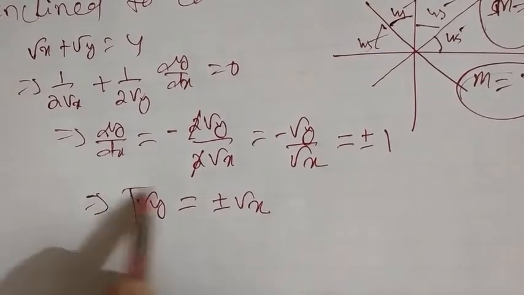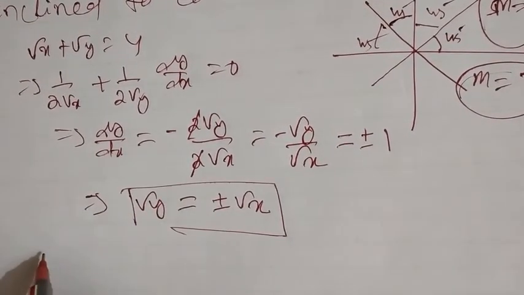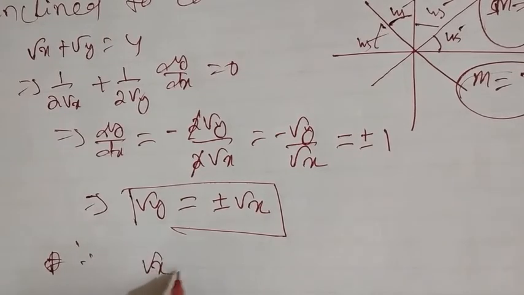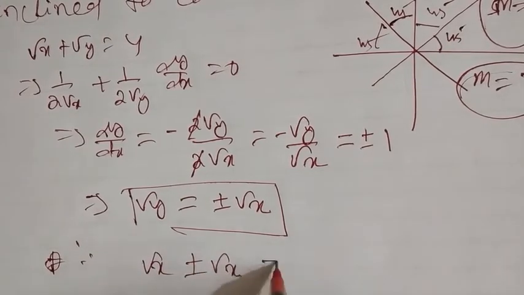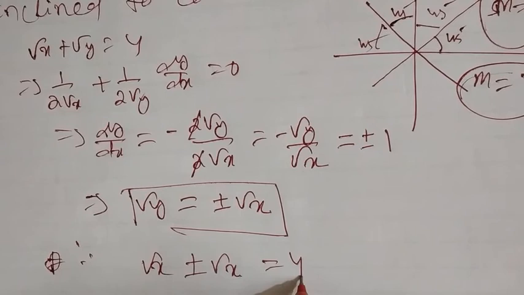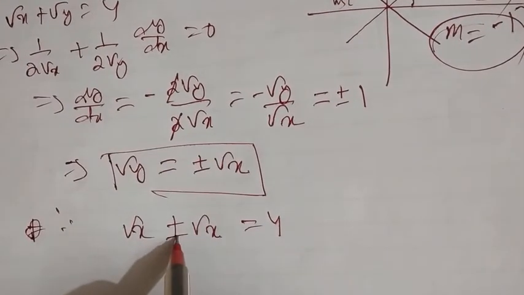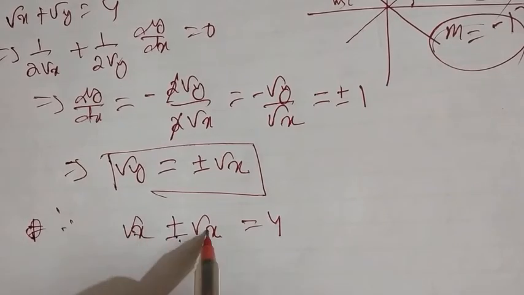Put this value in the equation. Now this gives me, therefore, root x plus minus root x is 4. But mark here, if it is minus root x, then the result is 0. I shall not get x.